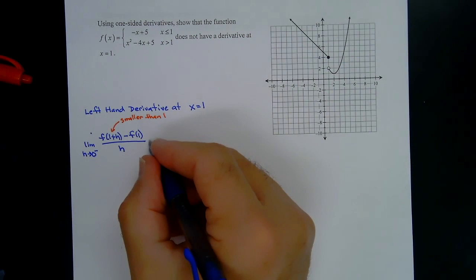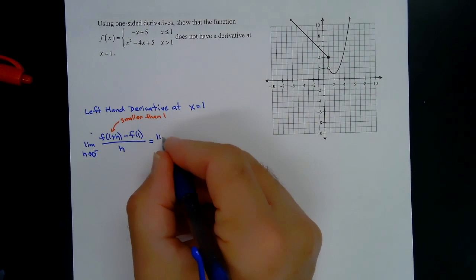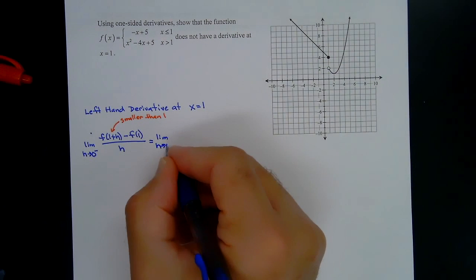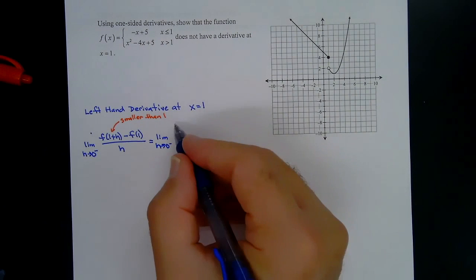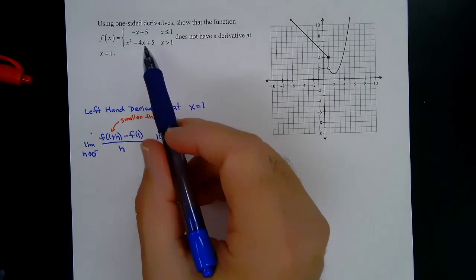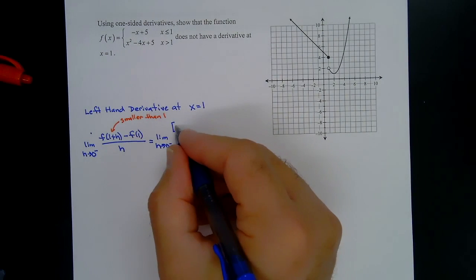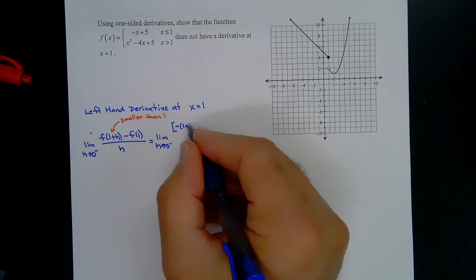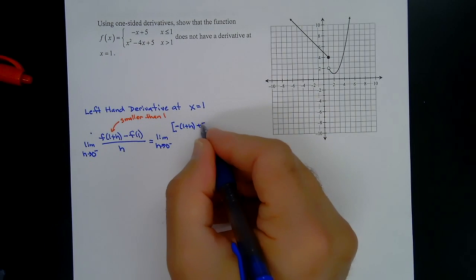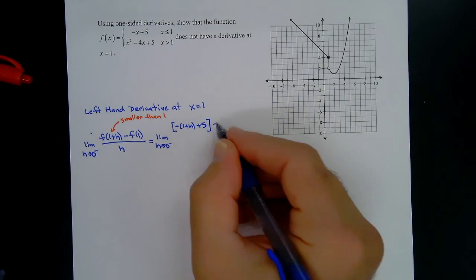So this is going to equal the limit as h approaches 0 from the left of, and I'm going to put a bracket in here, negative of 1 plus h, plus the 5, and then minus f of 1.